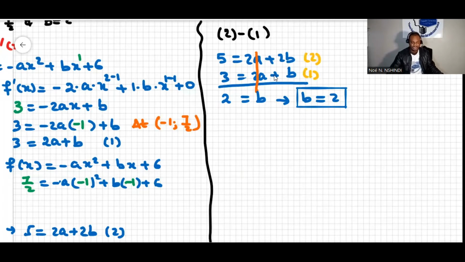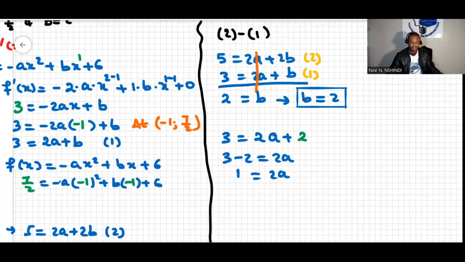So this would be 3 equal to 2a plus b. I sub in the value of b. And then if I move 2 over, that makes 3 minus 2 equal to 2a. And then 3 minus 2 is just, actually, not -1, but 1, equal to 2a.